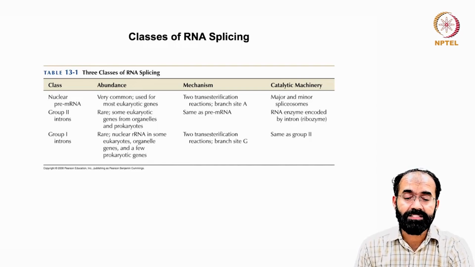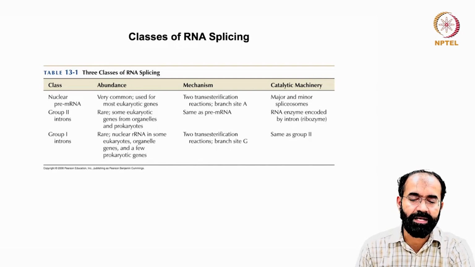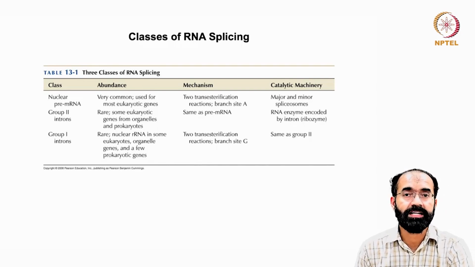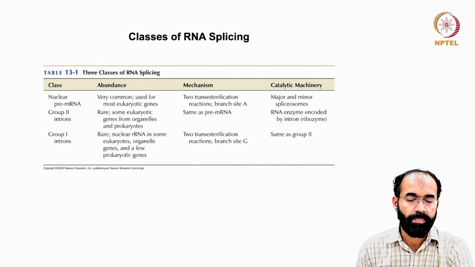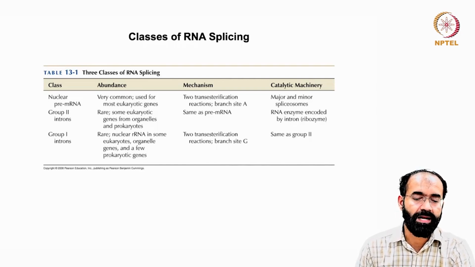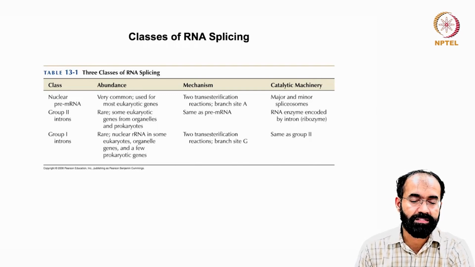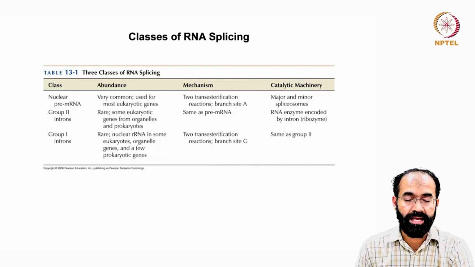The functioning is the same as pre-mRNA, two transesterification reactions, and it is an RNA enzyme encoded by the intron, that is, a ribozyme. No ATP is needed, whereas nuclear pre-mRNA splicing requires ATP. Group 1 introns are rare, and nuclear ribosomal RNA in some eukaryotes performs this, as do some organelle genes and a few prokaryotic genes.